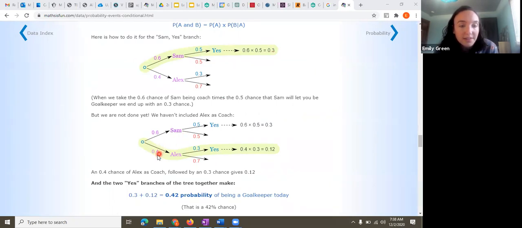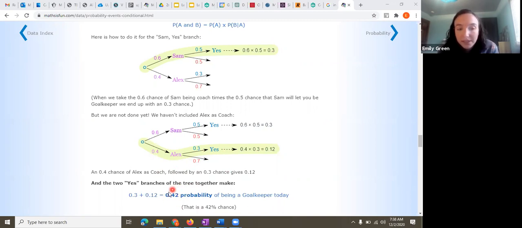And then when I wanted to find this other one, probability of Alex being the coach and you playing, it is 0.4 times 0.3. So that is 0.12. And if we want to know the probability of you playing at all, we're going to add up 0.3 plus 0.12, and that gives me a 42% chance that you're going to be a goalkeeper today.